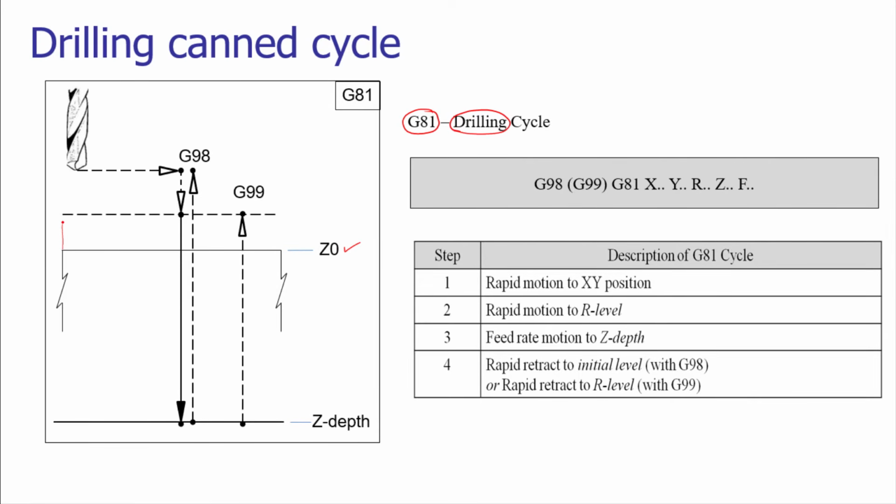This is the Z axis, X, and this is Y. Our program 0 has been set on the top portion of the work part. Now we are calling the tool in rapid mode. The dotted lines are rapid. The tool will come to the destination in the safe plane, in a rapid way.